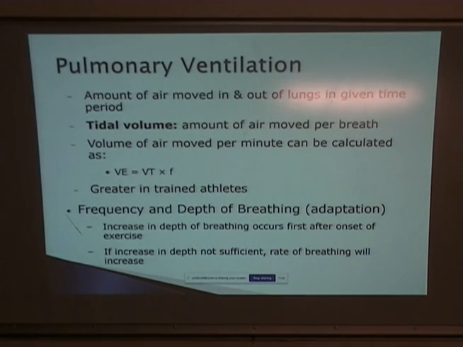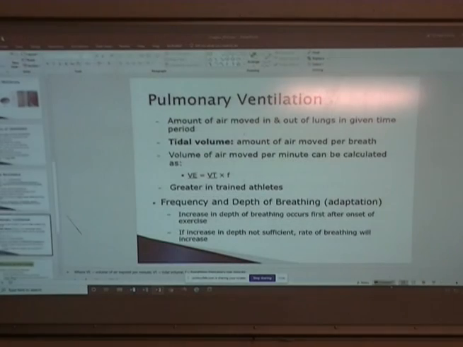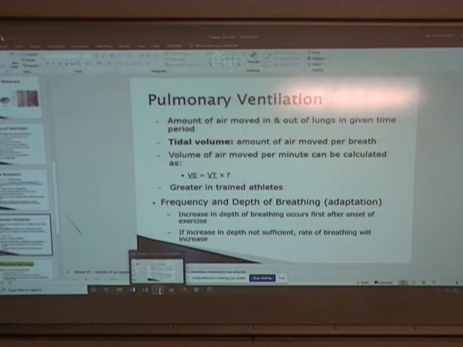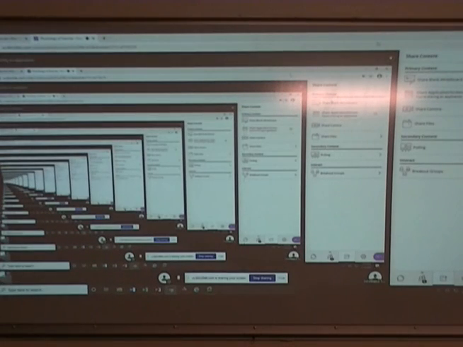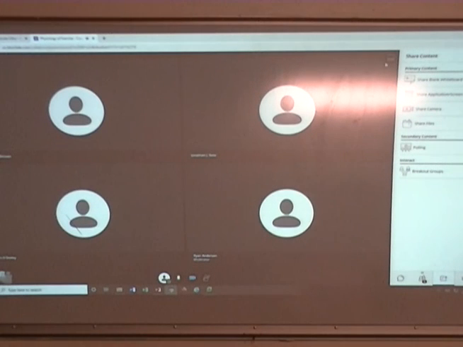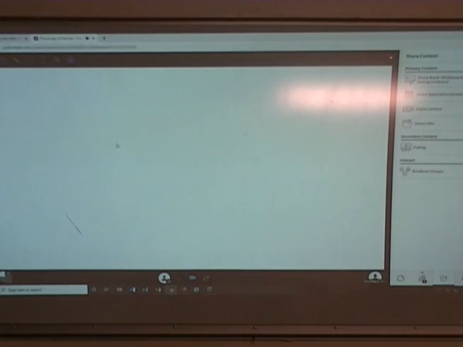Okay? So let's have a look at the relationship here so that you realize you're not having to learn two different things, right? This is an important thing to pay attention to here. A lot of these are similar, which means if you've learned them for the cardiovascular system, you don't now have to relearn them for the respiratory system because it's the same principle, right? So, Q equals heart rate times stroke volume.